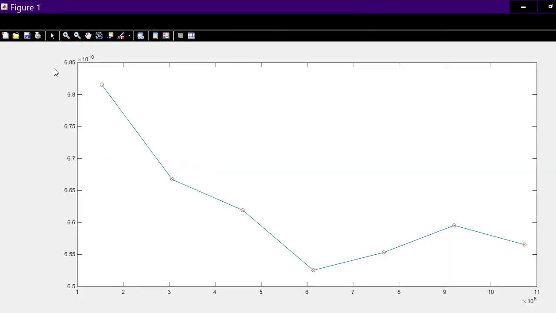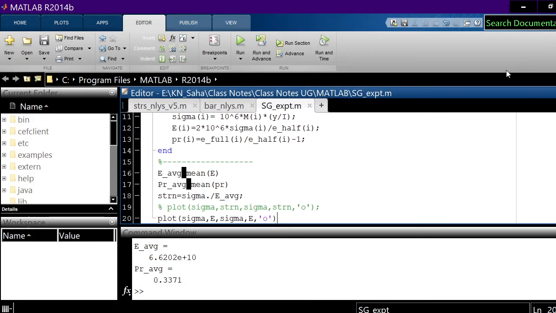So you see this roughly varies from 6.5 to 6.85 into 10 to the power 10. 10 to the power 9 is GPa, so this is roughly 68.5 GPa, whatever. Yes. So what average value of E are we getting? 66. About 66 GPa.